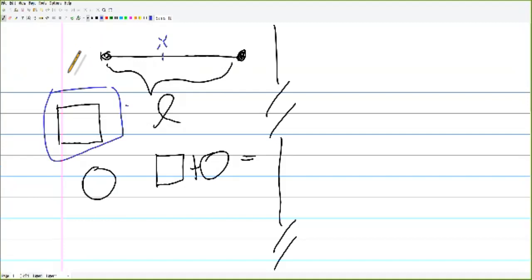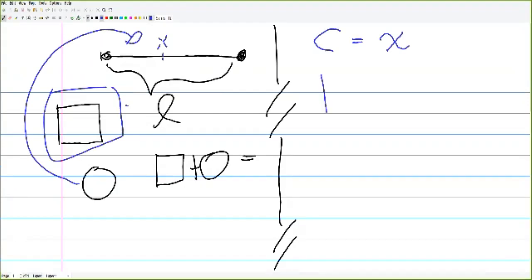Okay. The square is this part, and the circle is this part. So the circumference of the circle is equal to this part here, which is X. Circumference.